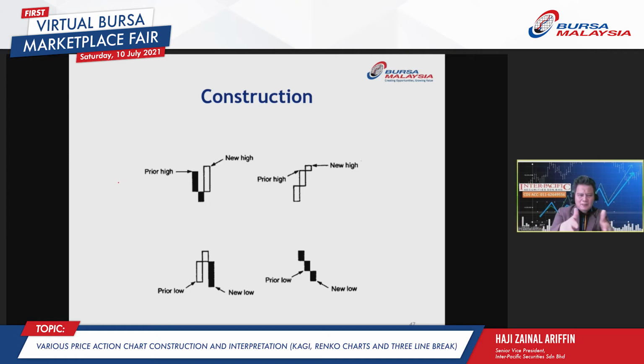The main purpose of this three-line break is to tell the user that there is a reversal, because that is what we're looking for: the trend, support and resistance, and also the signal. As I said earlier, when you buy it is either a breakout or a reversal. Here we show you a reversal.